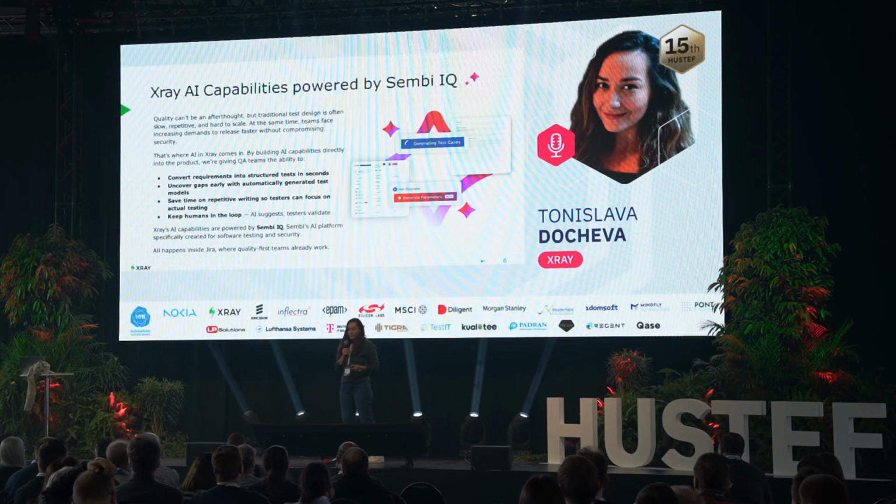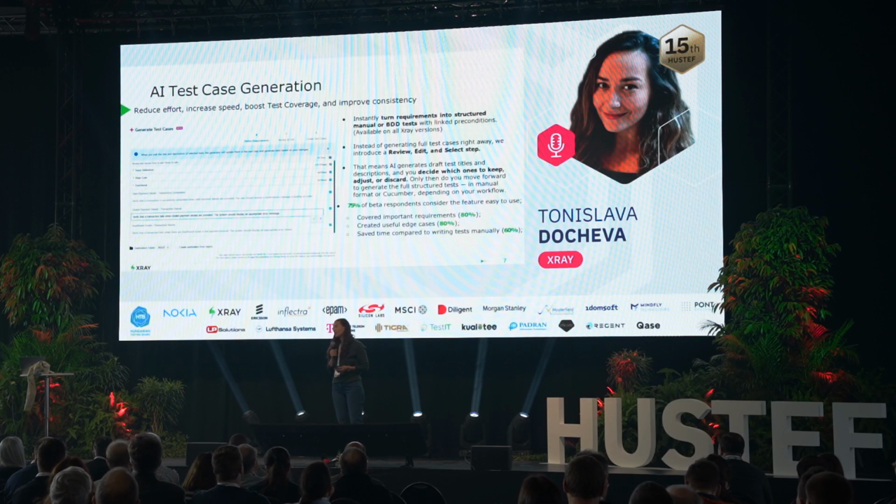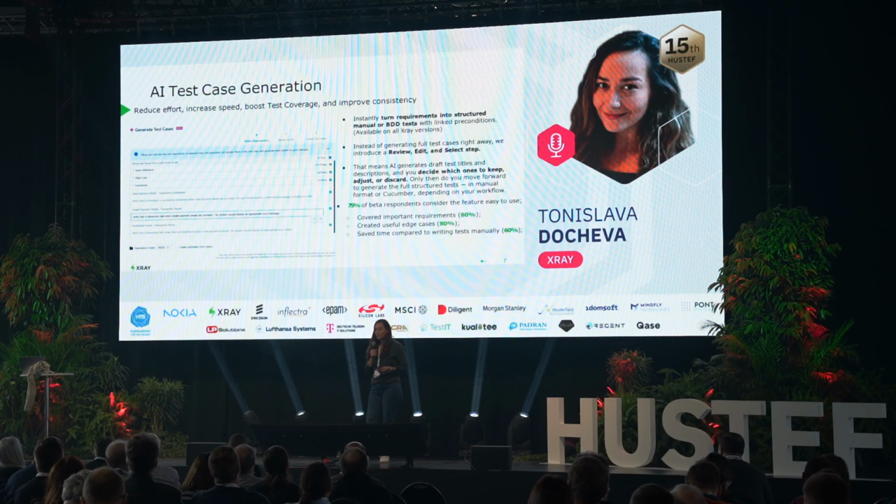So let's see here, what is the first capability that you're able to do? And that is test case generation with AI. And so with this, you're able to reduce the effort of testers while at the same time increasing speed and boosting coverage. And how this works is that you're able to turn requirements into structured manual or BDD tests with linked preconditions.